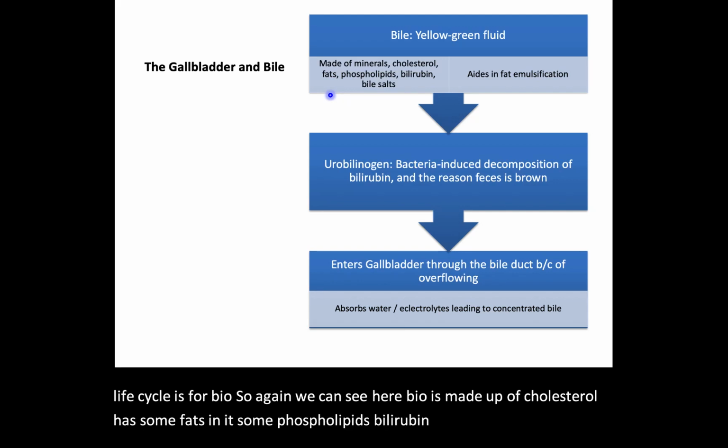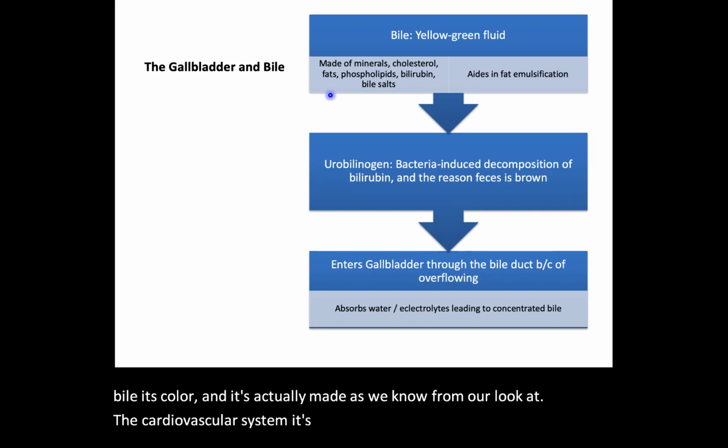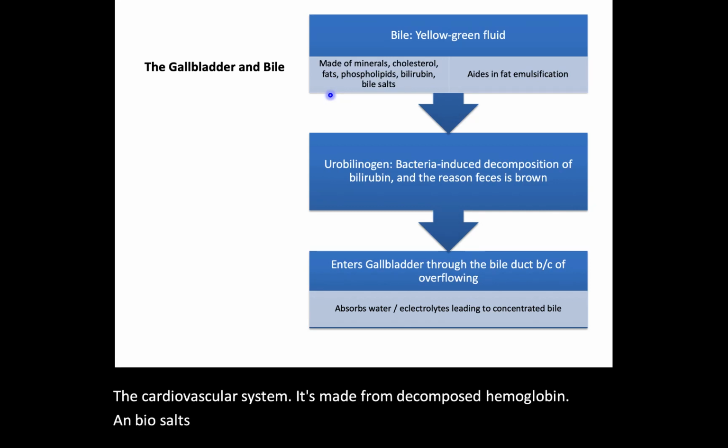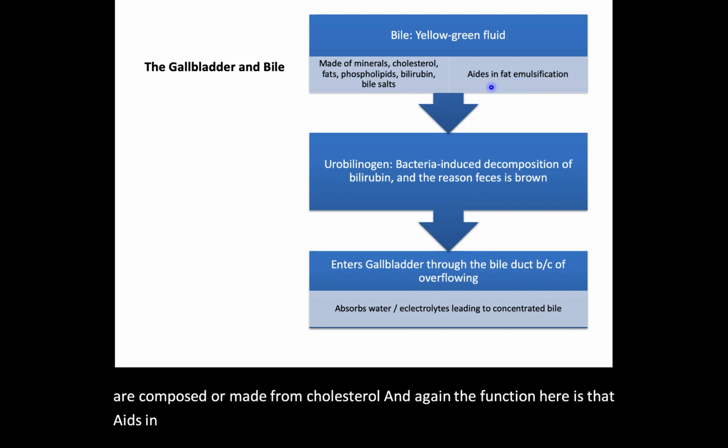Bilirubin is the pigment that gives bile its color, and as we know from our look at the cardiovascular system, it's made from decomposed hemoglobin. And there are bile salts, which are really just a form of steroids, made from cholesterol. Their function is to aid in fat emulsification.